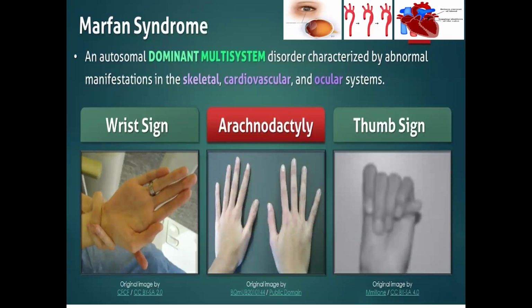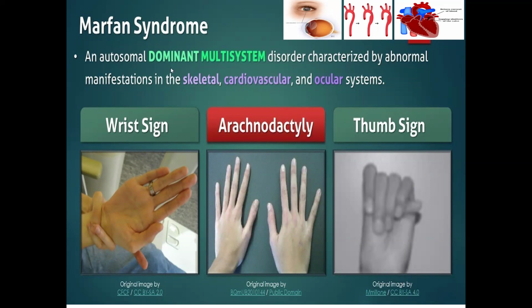Okay, another condition called Marfan syndrome, and this is characterized by lens dislocation in the eyes, aortic dilatation, mitral regurgitation. As you see, their fingers are very long. We call this arachnodactyly, and they have a positive wrist sign and thumb sign.